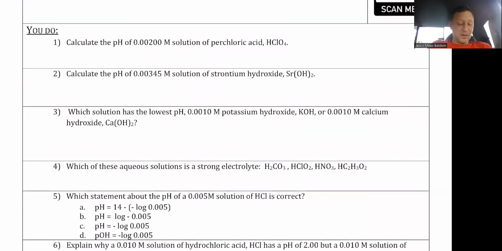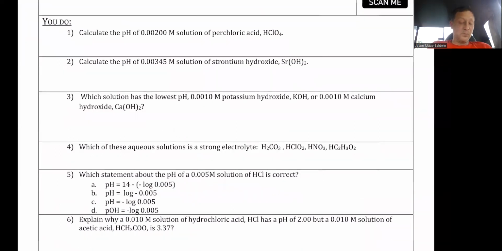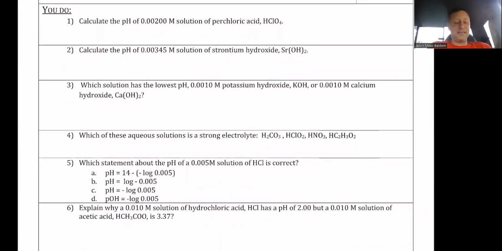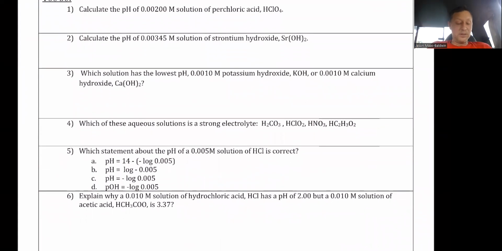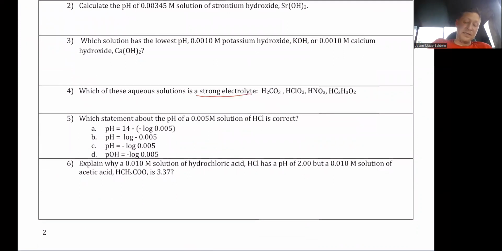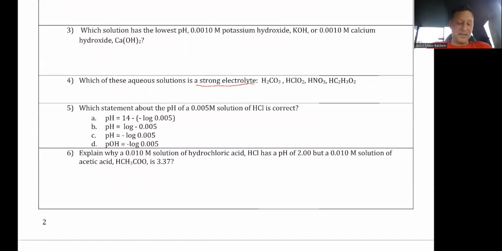All of these are very, very similar to the ones that we just did, but I would like you to do them and then to check your work. If you're asking a question like which of these is a strong electrolyte, that's just asking you, can you identify your strong acids and your strong bases?